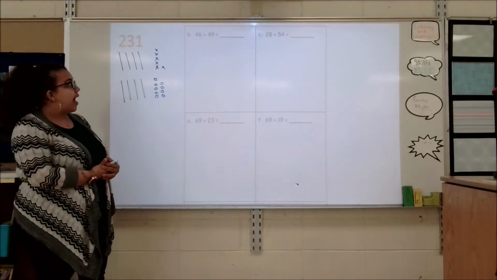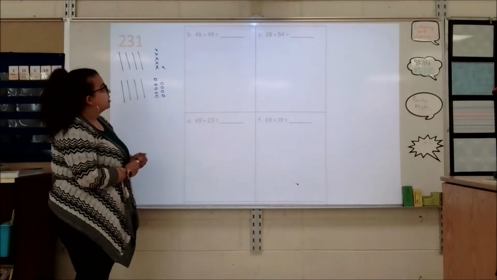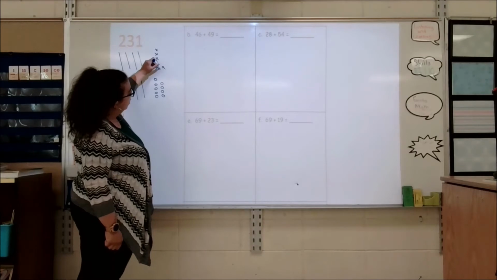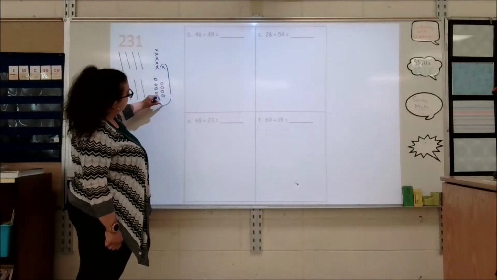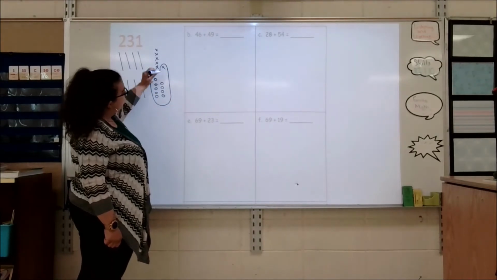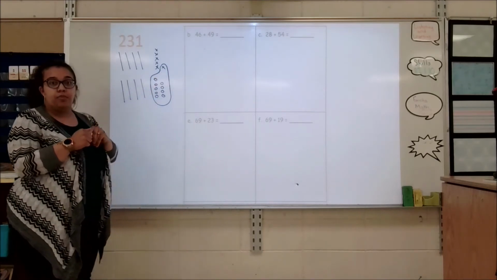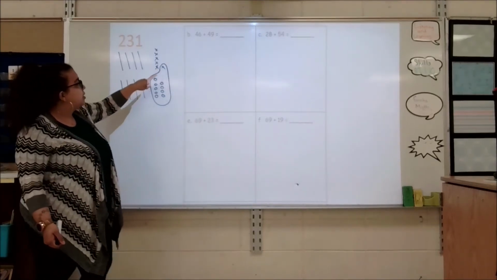And the easier way to do that, in my perception, is to move one from here, because that just needed 1 to complete the group of 10. This just needed 1 to complete the group of 10.